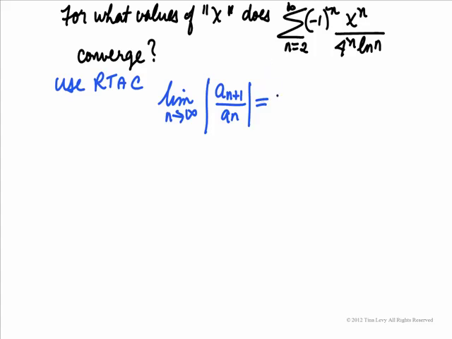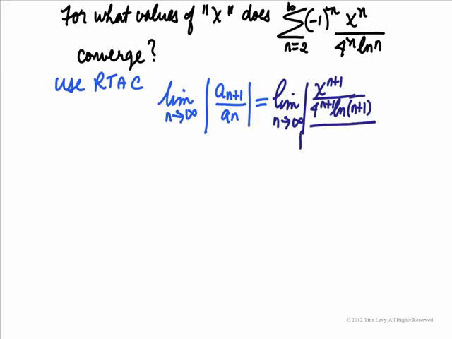So the limit as n approaches infinity, a sub n plus 1, I just put in an n plus 1 and I get the absolute value. I can ignore the (-1)^n with the absolute value sign. It's x^(n+1) over 4^(n+1) log(n+1), and then we're dividing that by the a sub n term, which is x^n over 4^n log n.